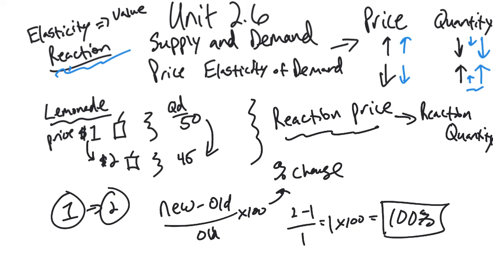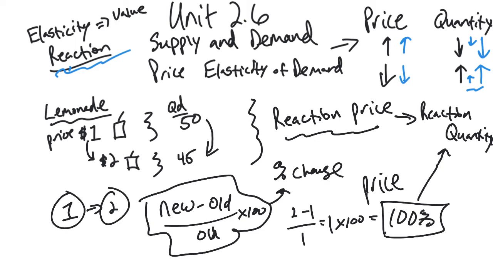But what we want to do is compare this 100% price change to the reaction, the percent change in the quantity. Using this same formula, we can figure out the percent change in quantity.